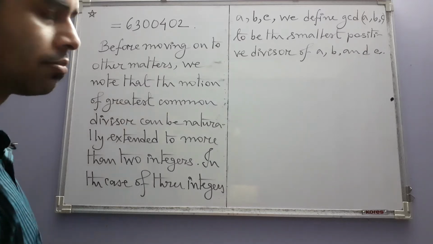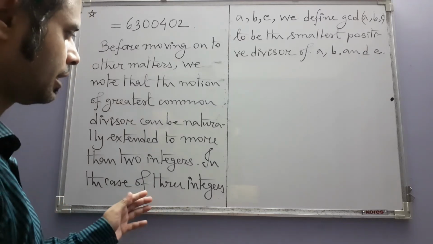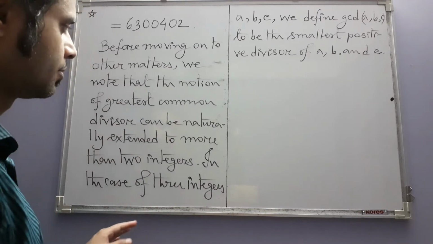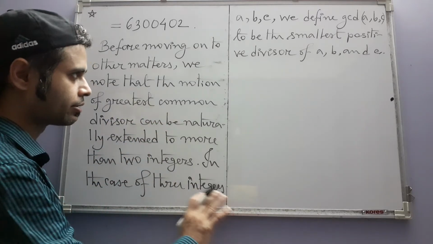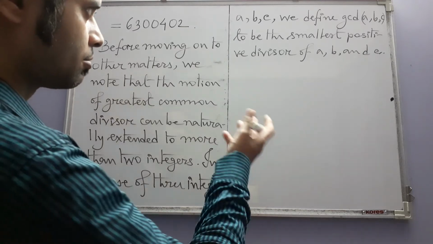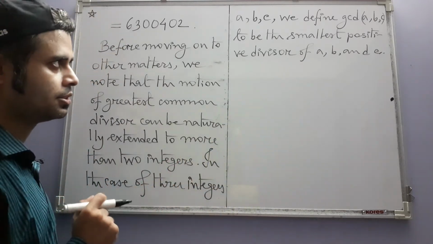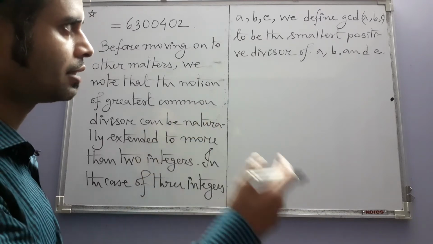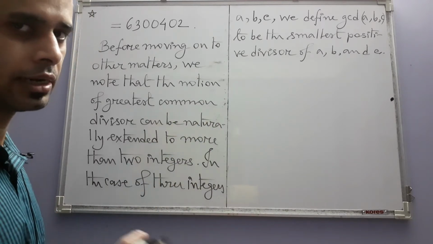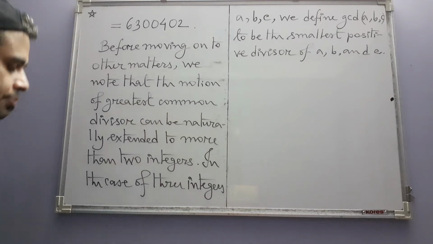I was writing about GCD, but in my mind I was thinking of LCM. I forgot that the LCM thing is already over. So again we are talking about GCD. Just like the ordinary definition of GCD, similarly we just have one more integer than our usual two integers.